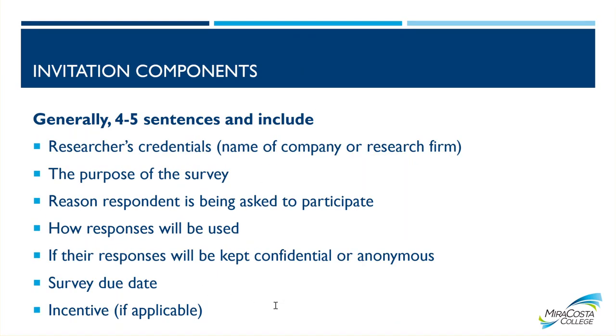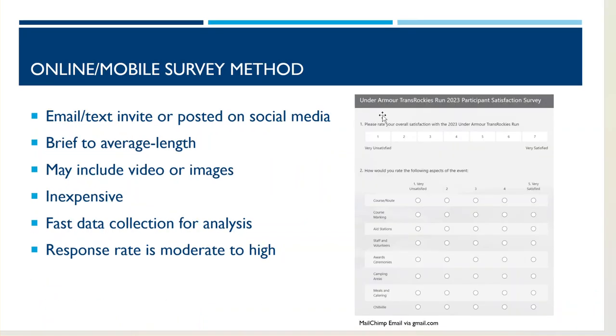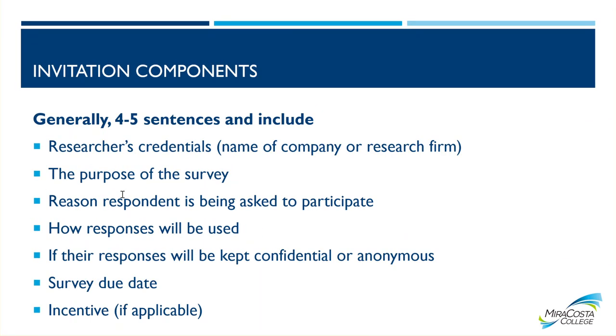Invitation components, generally 4 to 5 sentences, include the researcher's credentials, name of company or research firm. You can see that here: Under Armour Trans Rockies Run 2023 participant satisfaction survey. The purpose of the survey, reason the respondent is being asked to participate, how responses will be used, if their responses will be kept confidential or anonymous, survey due date, and an incentive if applicable.